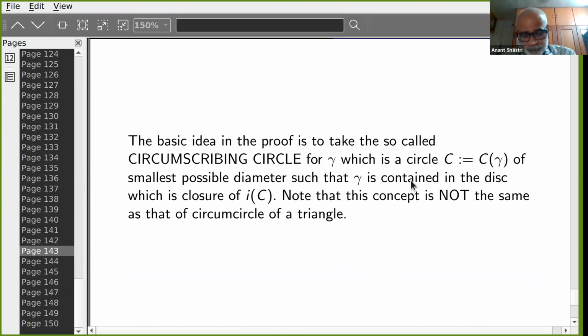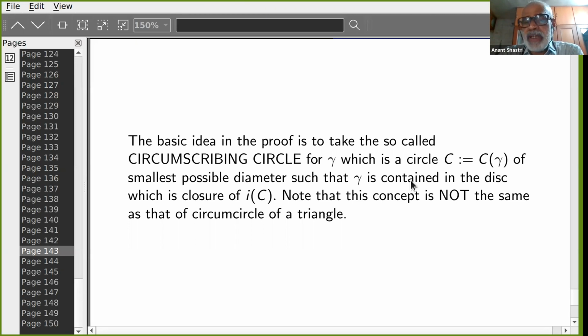Now, the central idea of Osserman is the following. Maybe it is not Osserman's idea, it was there earlier, but they did not exploit it to the full extent. The basic idea in the proof is the so-called circumscribing circle of a simple closed curve, gamma.